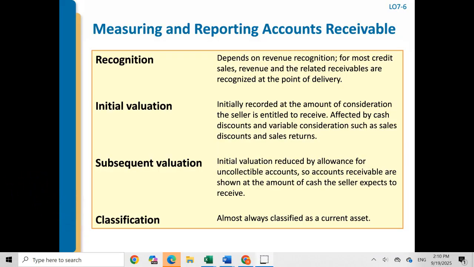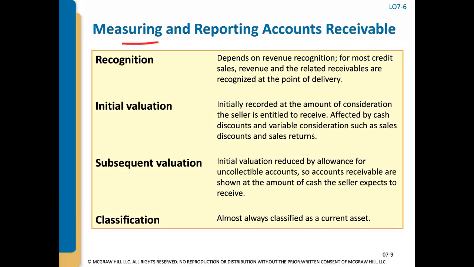This last slide is just a recap of the previous slides of how we measure and report accounts receivable. Well, first comes the recognition of the accounts receivable, and it really depends on how much revenue we recognize, because for most credit sales, the revenue is directly related to the receivable.